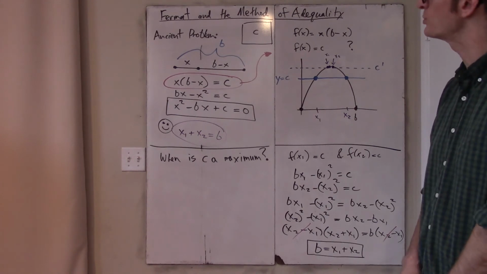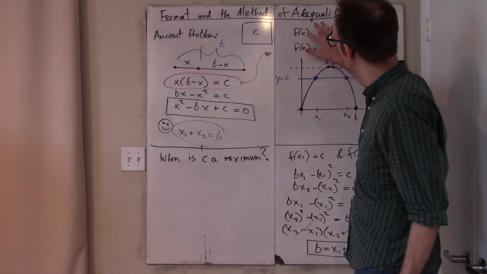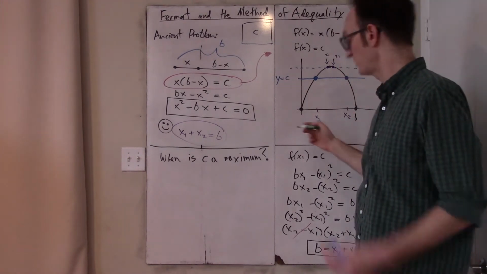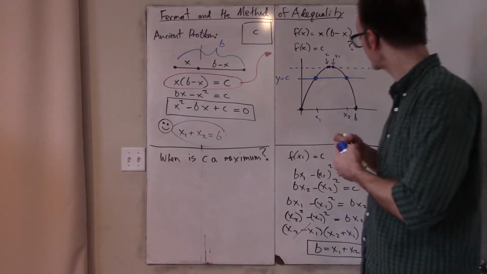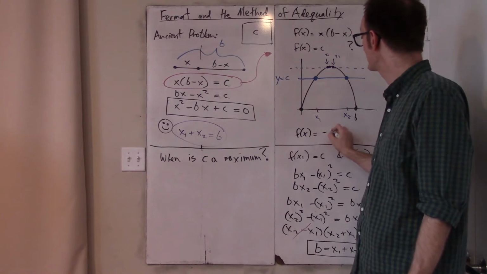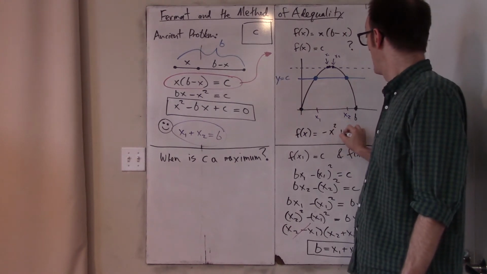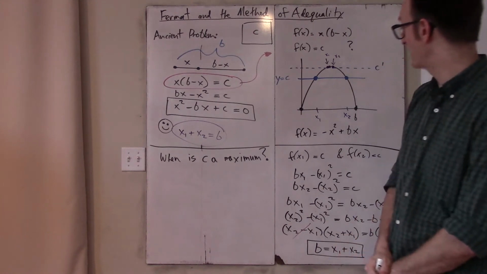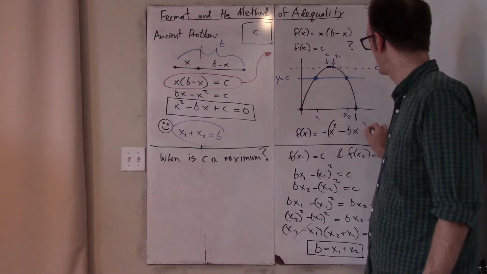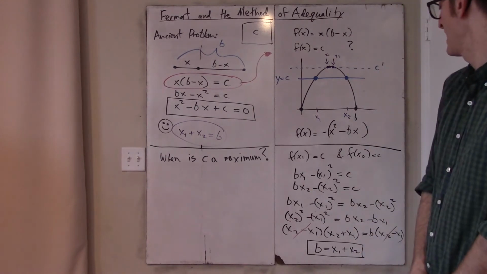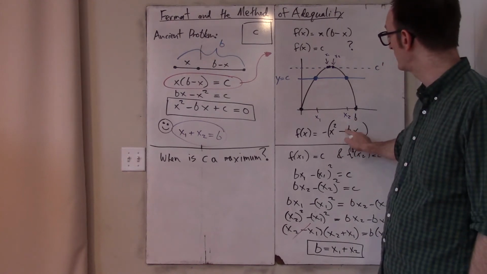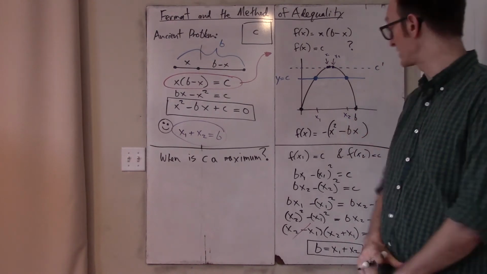And this was also known to Vieta and all the people who were reading Vieta, which includes Fermat, that given any quadratic equation, after all, the quadratic under discussion is the quadratic which we would now write as negative x squared plus bx. And if we factored out the leading coefficient, which one does when one is trying to apply Vieta's formula, we know that the coefficient of the linear term is the opposite of the sum of the roots.